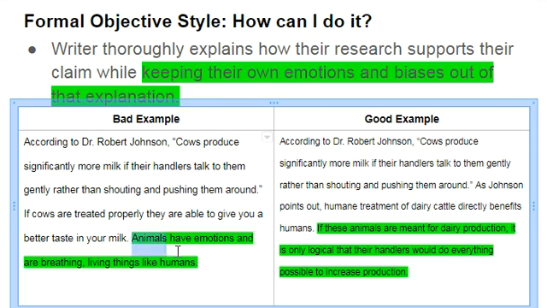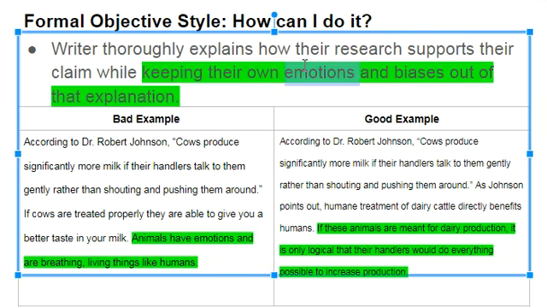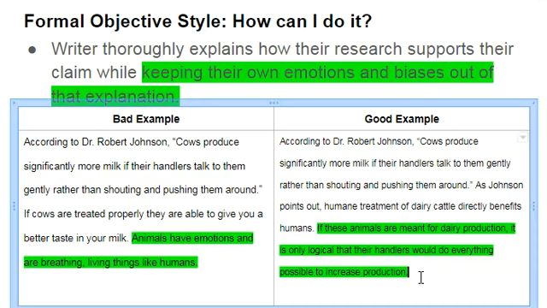So here's the difference between these two. This one gets off topic and gets into the writer's emotions and biases about the topic. This one is going to be more effective in arguing the case that people should be kind to animals, which I think is actually what her thesis statement was, because it's going to convince people, even if somebody isn't 100% sold on a vegetarian diet or things like that, they could not disagree with the fact that if animals are meant for dairy production, it is logical that they should be kind to them so that they can increase that production.